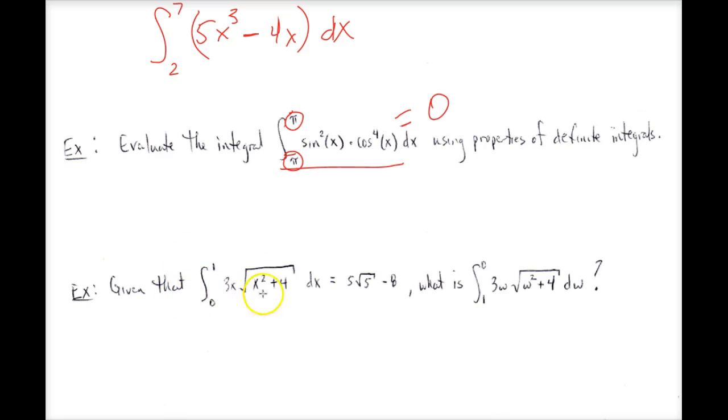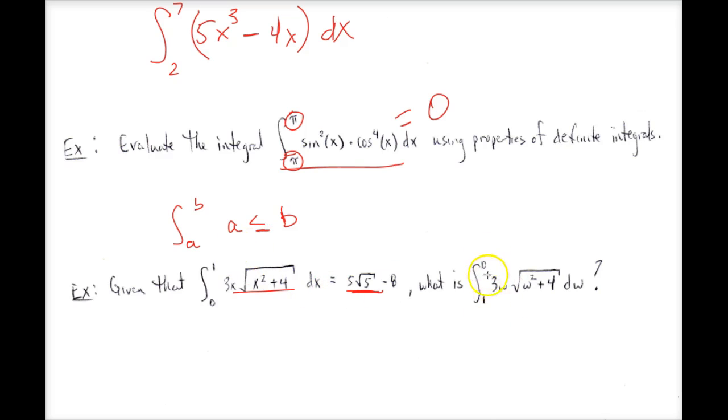And of course, this last one here says, given that the definite integral of this function from 0 to 1 is equal to that, what would be the integral of this function where the limits of integration are changed? And so if you notice that with the limits of integration from a to b, we're assuming that a is always going to be smaller than or equal to b.